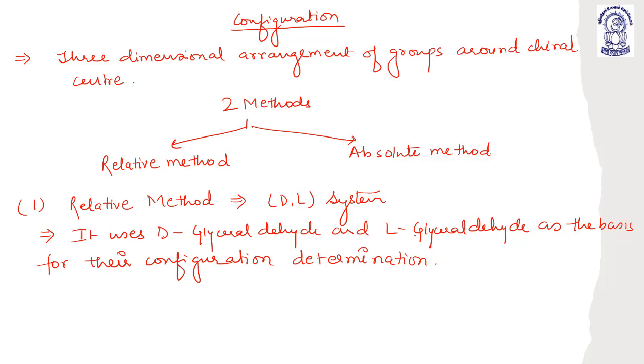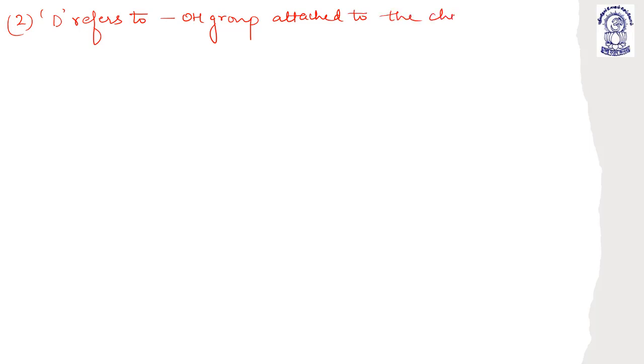Now, in the relative method, D refers to the arrangement in which the OH group attached to the stereo center is on the right side of the Fischer projection.